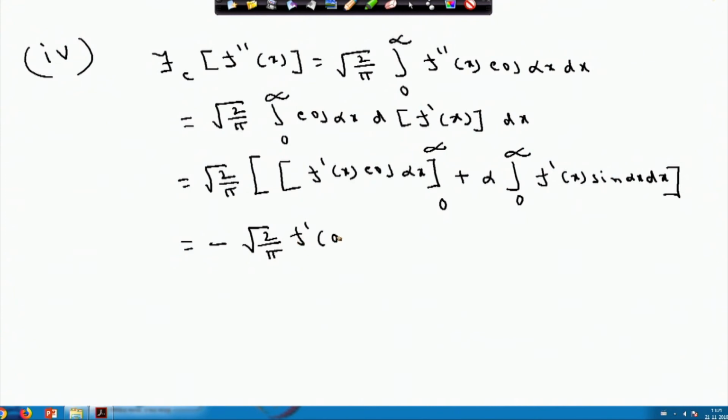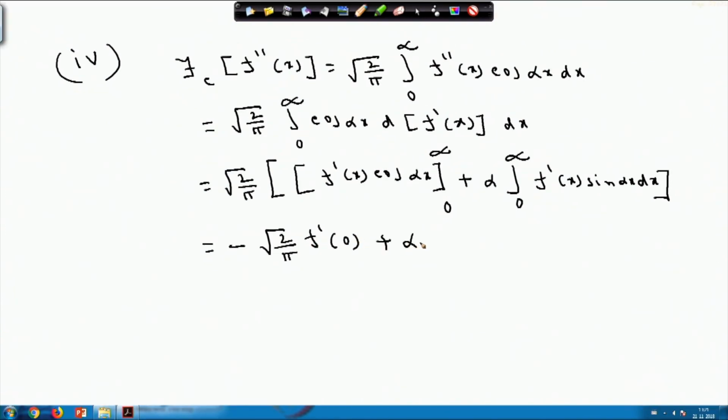So, basically minus root over 2 by pi f dash 0, because at 0 it is negative, plus alpha into root over 2 by pi, integral from 0 to infinity of f dash x sin alpha x dx, which is nothing but the Fourier sine transform of f dash x. So, this equals minus root over 2 by pi f dash 0 plus alpha into the Fourier sine transform of f dash x.